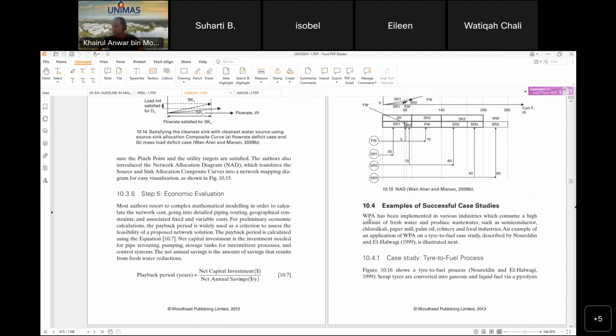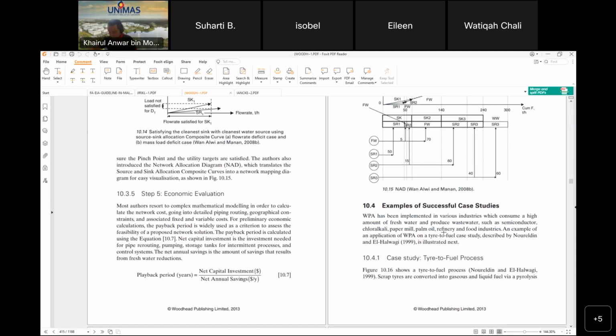Water pinch analysis, WPA, has been implemented in various industries which consume a high amount of fresh water and produce wastewater, such as semiconductor, chloro-alkali, paper mill, palm oil, refinery, and food industry.